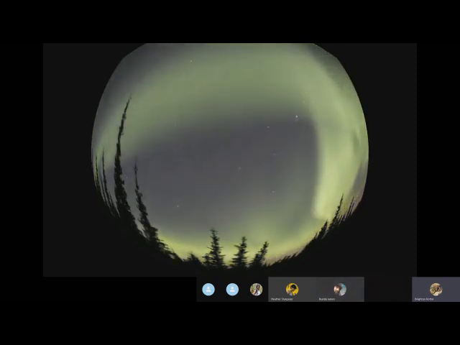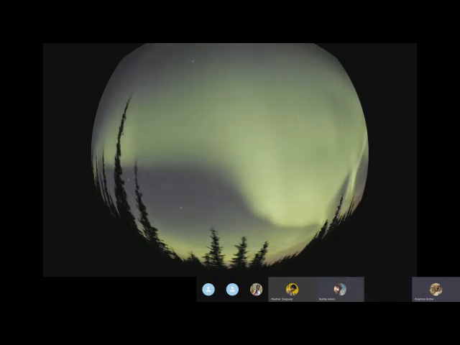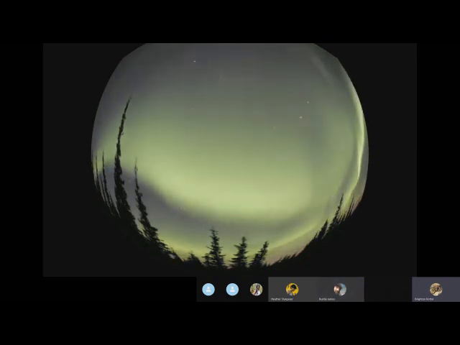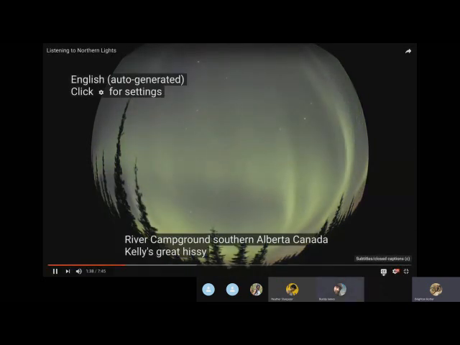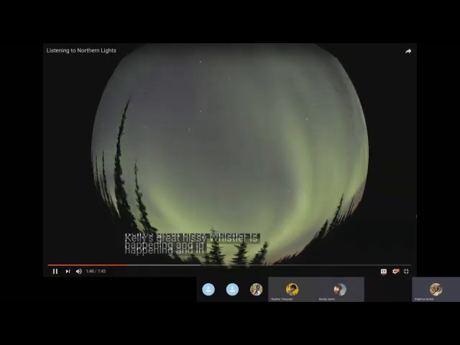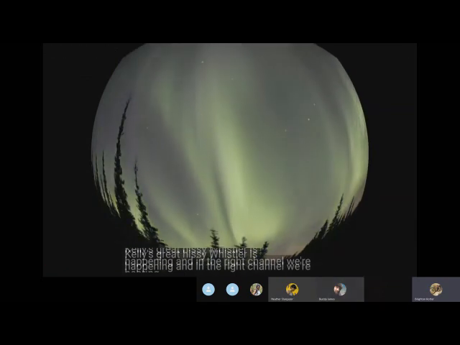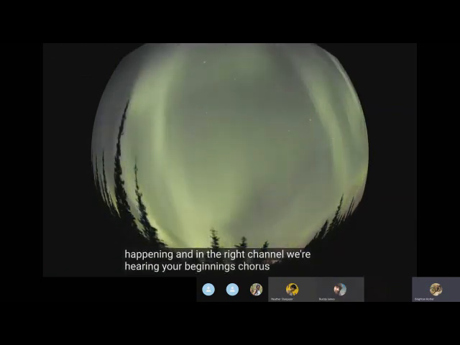It's 5:24 in the morning on Monday, the 22nd of June, 1998, at Watson Park, Belly River Campground, Southern Alberta, Canada. We've got these great hissy whistlers happening, and in the right channel we're hearing the beginnings of chorus.